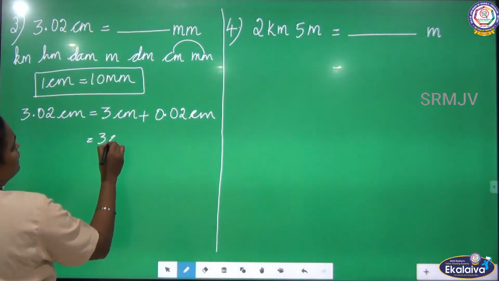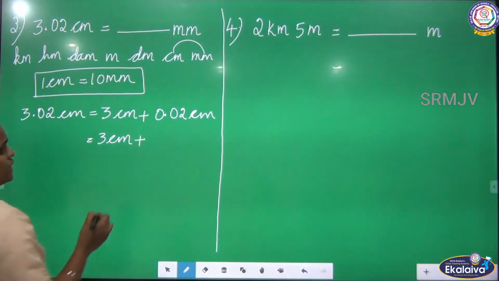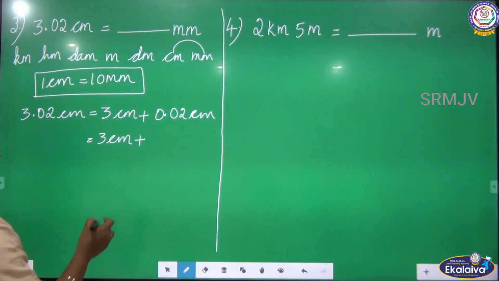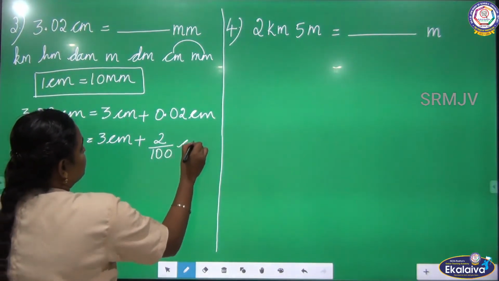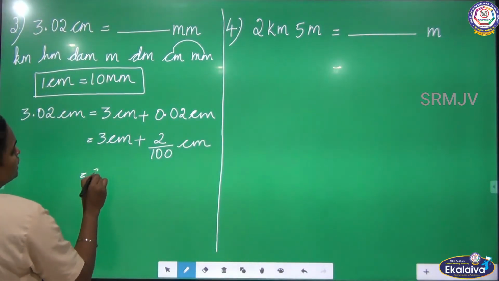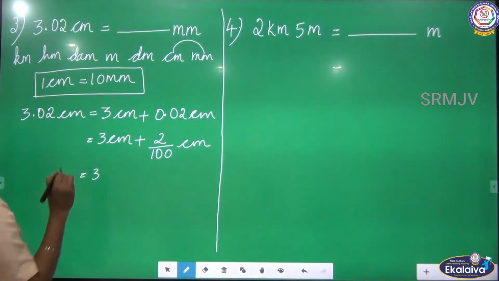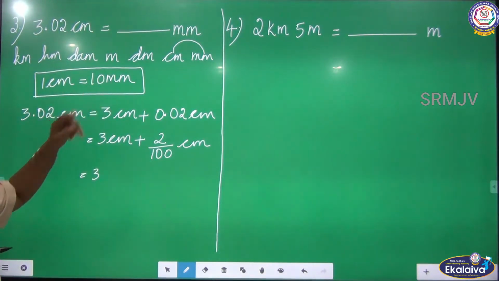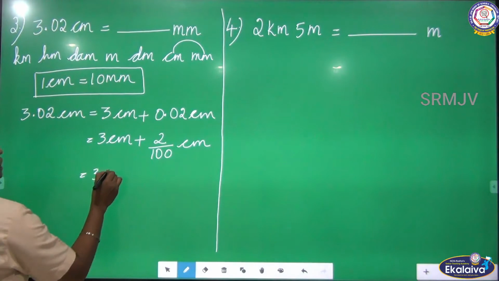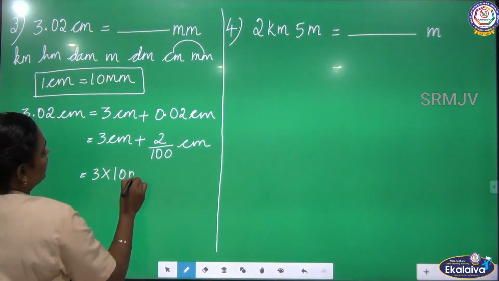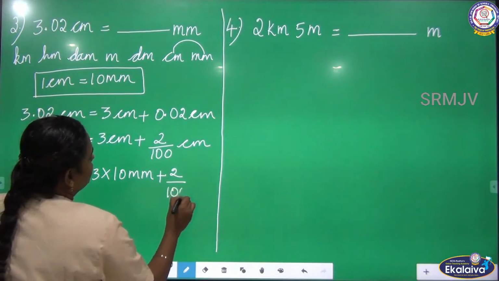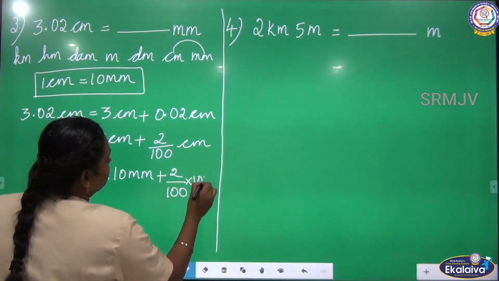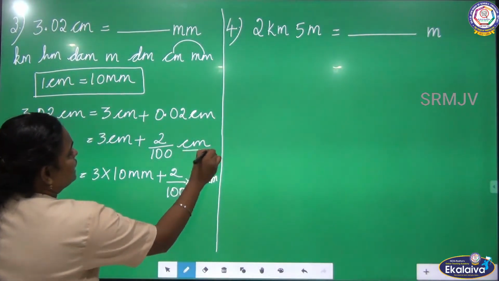So we'll write 3 centimeter plus 0.02 in fractions, 2 by 100 centimeter. So 3 centimeter equals how many? 1 centimeter equals 10 millimeter. So 3 centimeter equals 3 into 10 millimeter plus 2 by 100 into 10 millimeter, because 1 centimeter equals 10 millimeter.